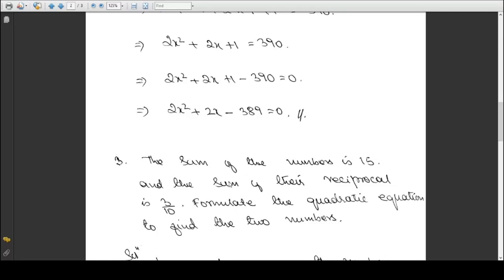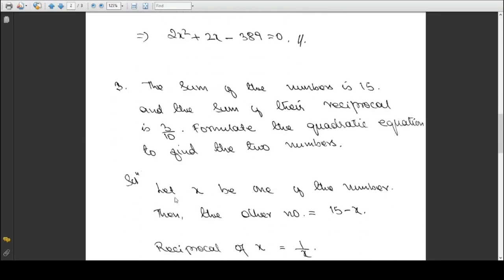This means if you know one number, you can easily find the other number by subtracting that given number from the given sum.